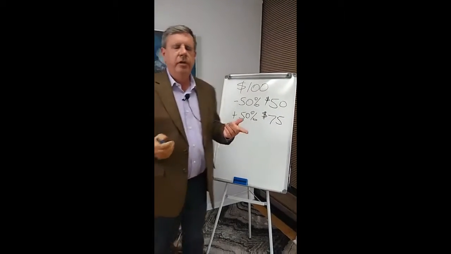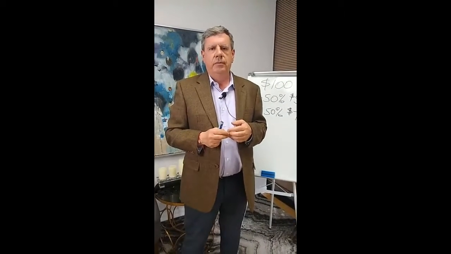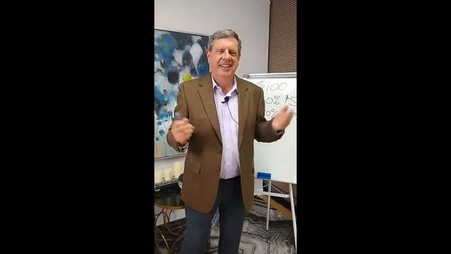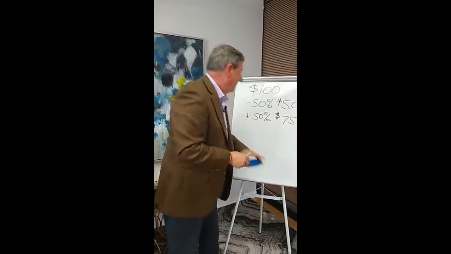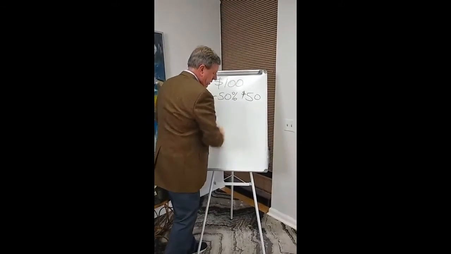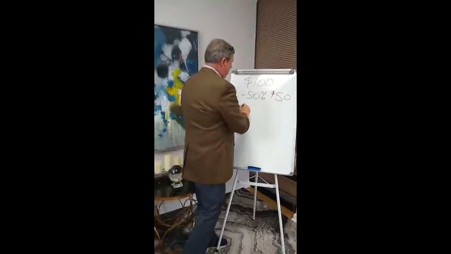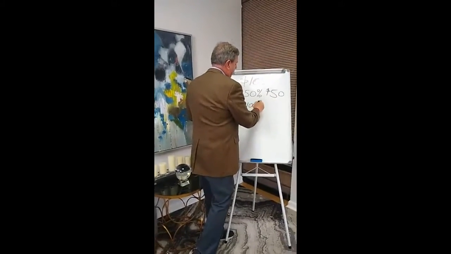And that's because multiplication and division are commutative. In fact, if you lose 50% in the first year, you need to make 100% to get back even.